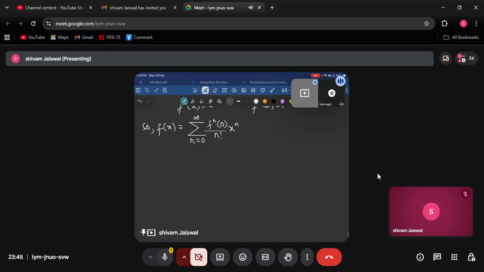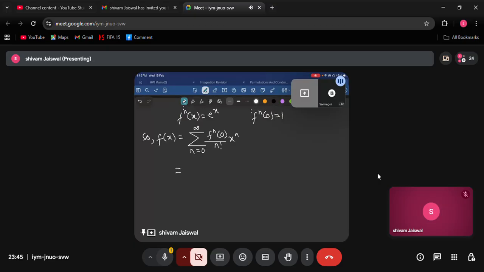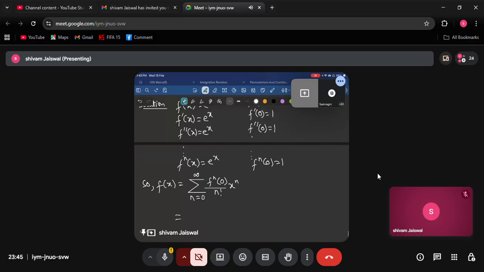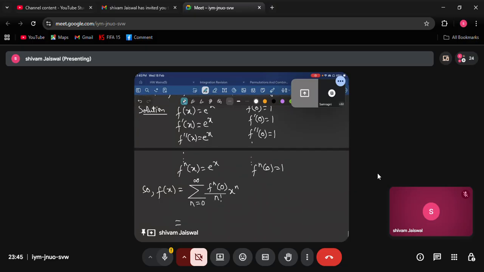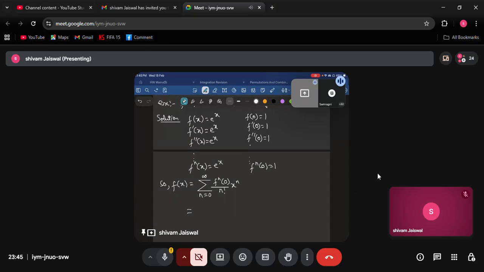Okay, so let us start. For n equal to 0, it will be f of 0. f of 0 is equal to 1, so 1 by 0 factorial. So 1 plus f dash 0, n equal to 1, so it will be 1 by 1 factorial into x.